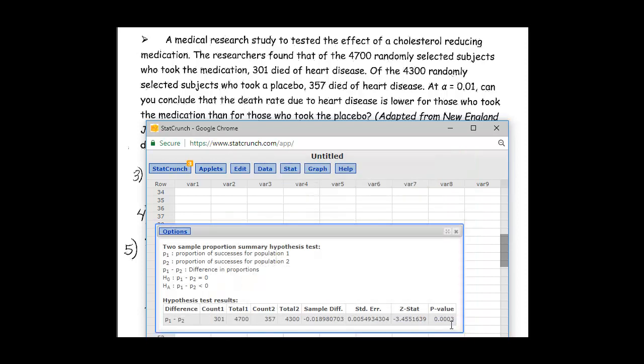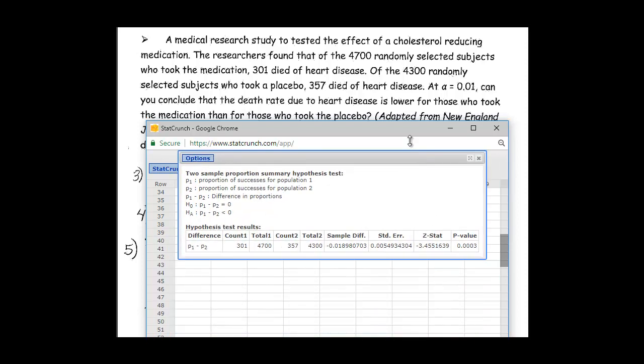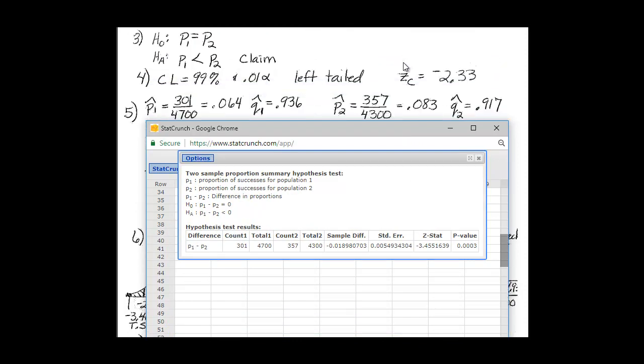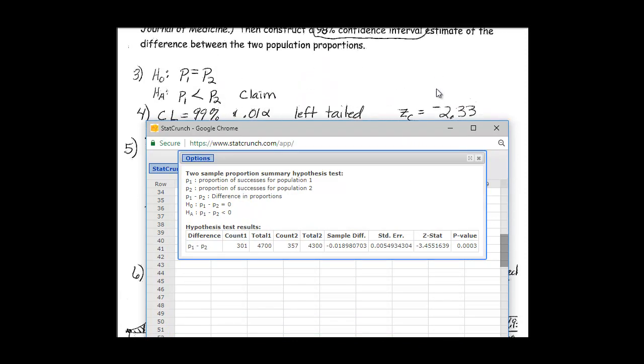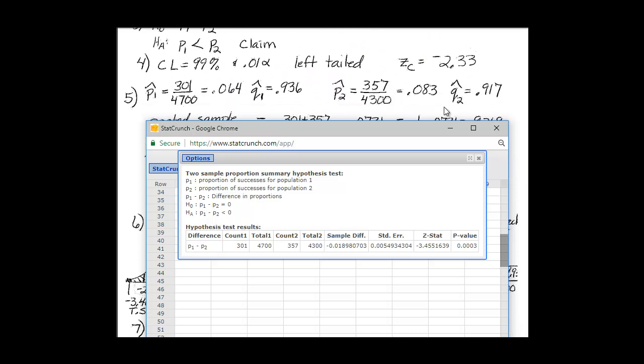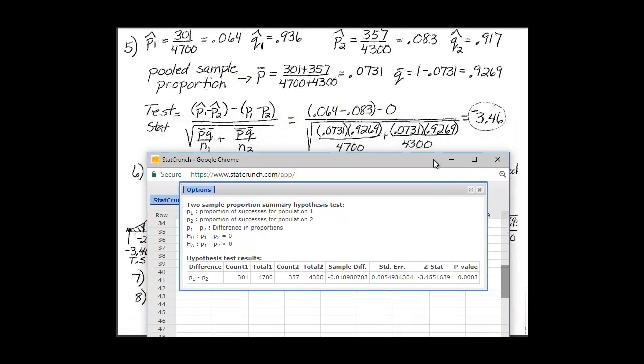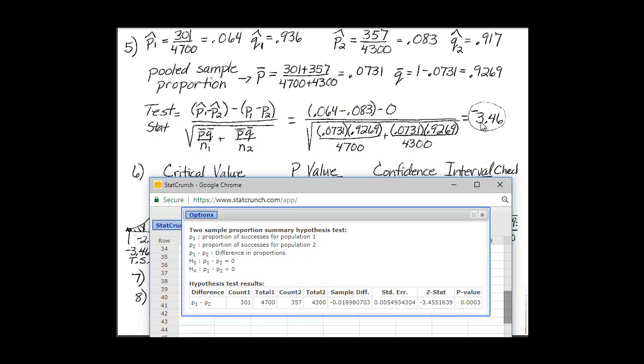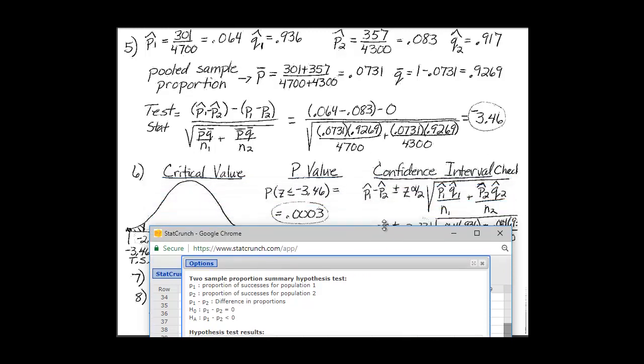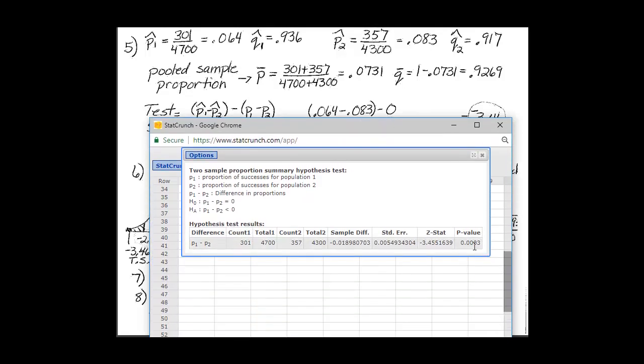So we're going to hit compute. We end up with the same information that we had here. Our test statistic came out to be negative 3.46, which we have here. Our p-value was 0.003, which we have here, very, very low.